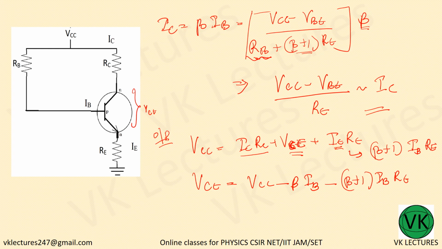So make this common: VCC minus IB, you can take it out, beta times IB into RC, so beta times RC plus beta plus 1 times RE.